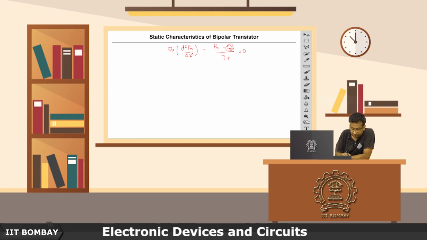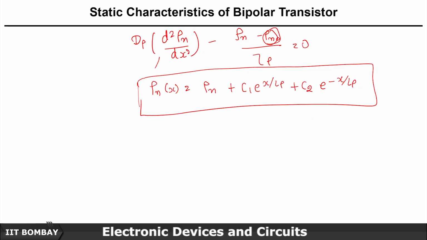A generic solution for this differential equation can be written as Pn(x) equal to Pn0 plus C1 e raised to the power x/Lp plus C2 e raised to the power minus x/Lp, which is a standard solution of such a differential equation. Lp here is the square root of Dp tau p, the well-known diffusion length of holes.